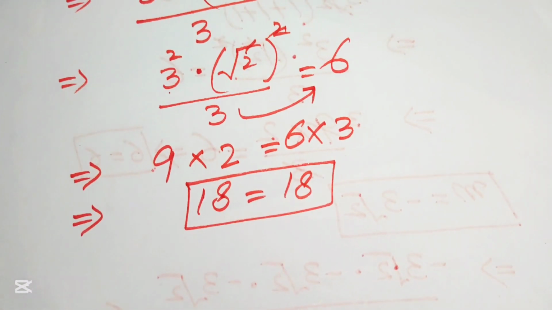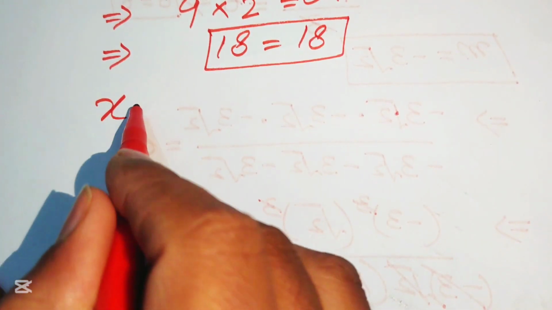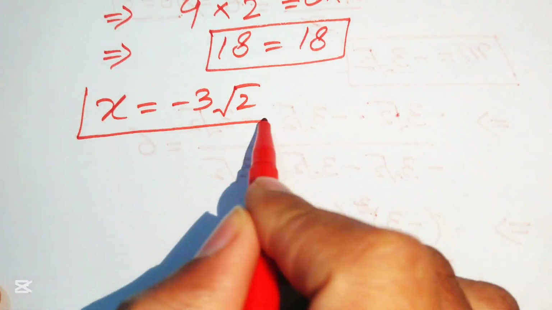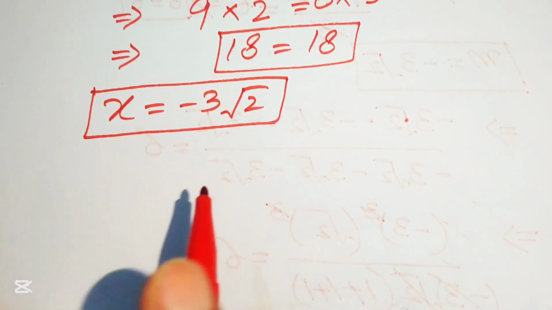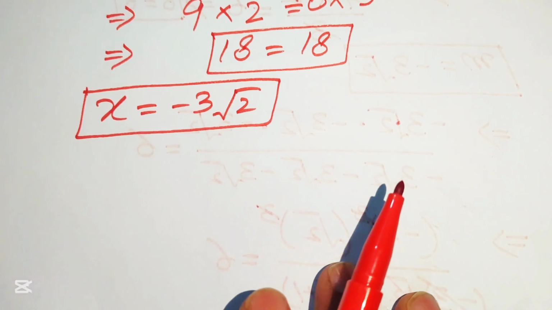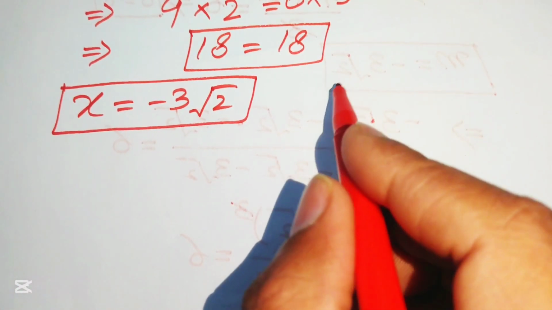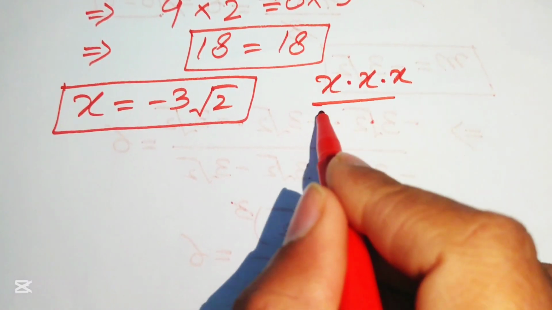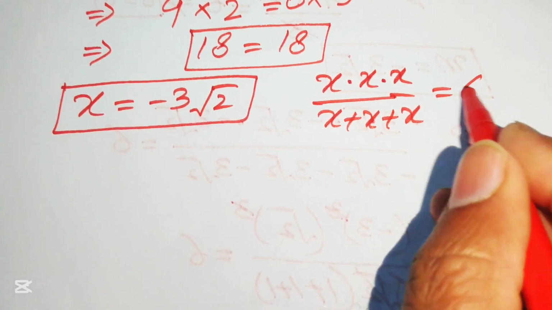And now similarly we verify the second value of x, and the second value of x is minus 3 into square root of 2. So we need to substitute this value of x again into the given question statement. The given question statement is x multiplied by x multiplied by x divided by x plus x plus x equals 6.